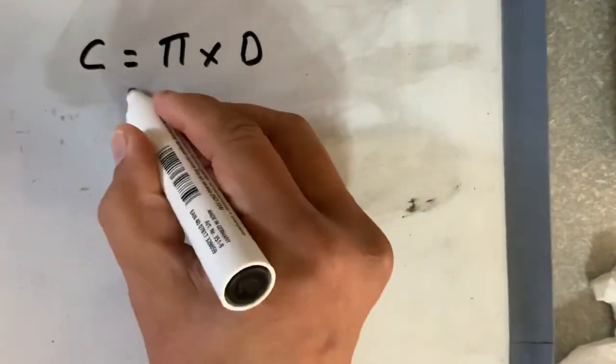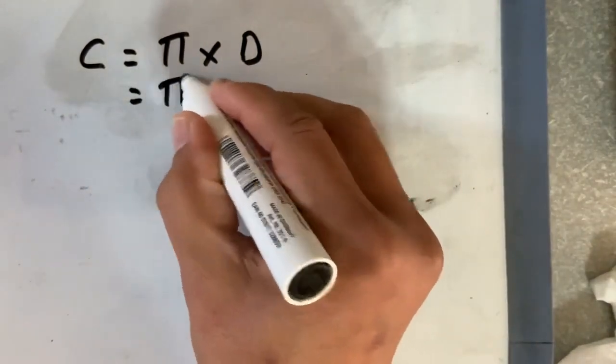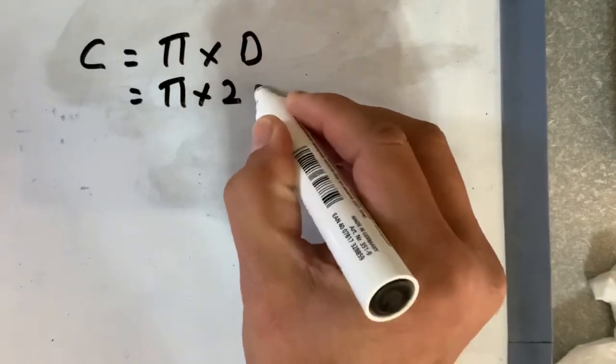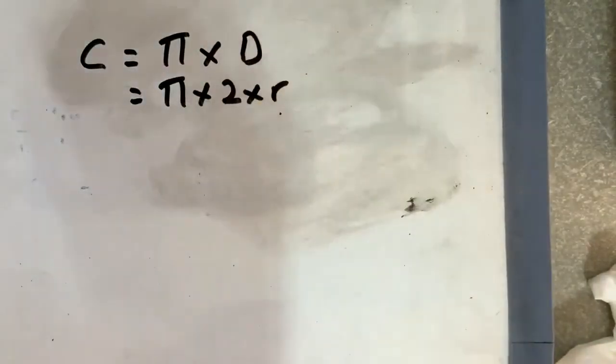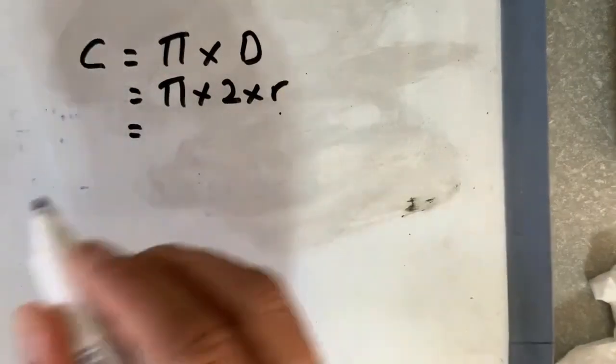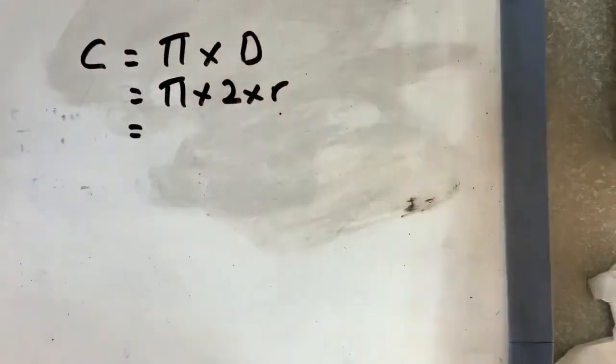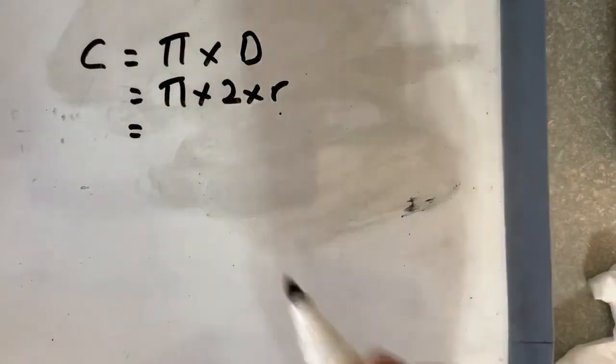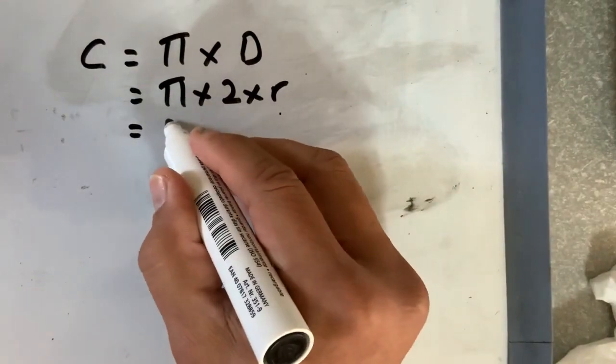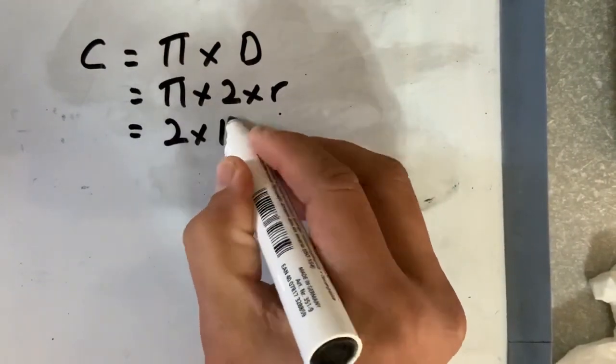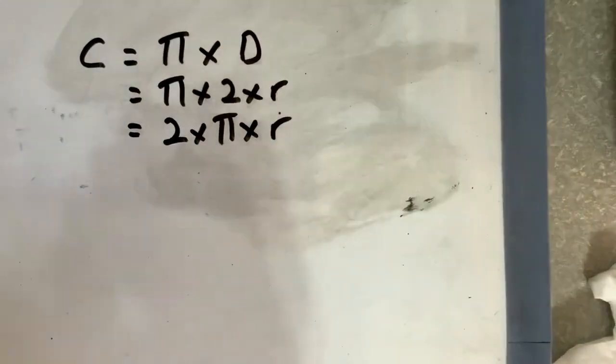Because the diameter is twice the length of the radius, it could be pi times 2 times radius, because 2 radius makes 1 diameter. Or if you simplify it in an algebraic way, it's going to be 2 times pi times radius.